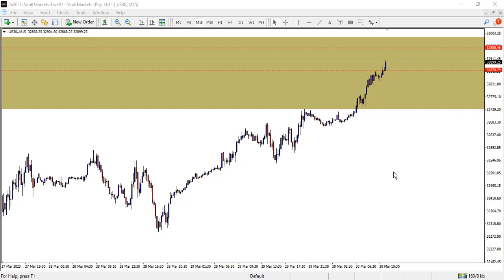Yeah, the key point is that if we have a candle, any candle that broke above 32,950.46, then we have a bullish market.